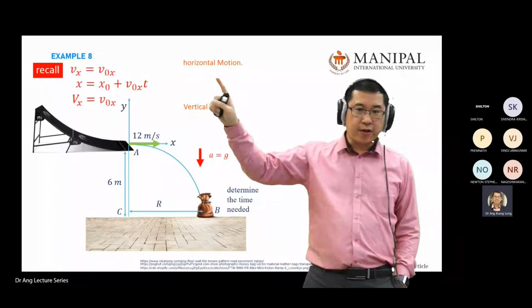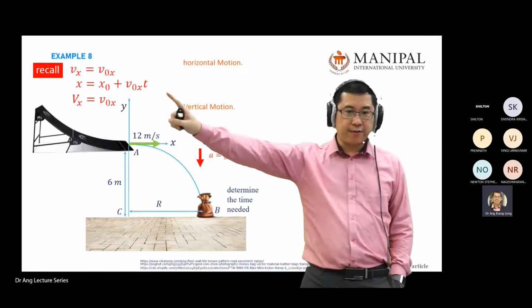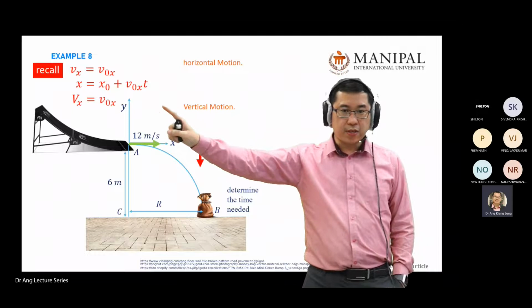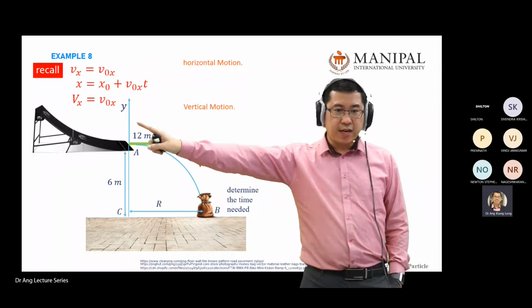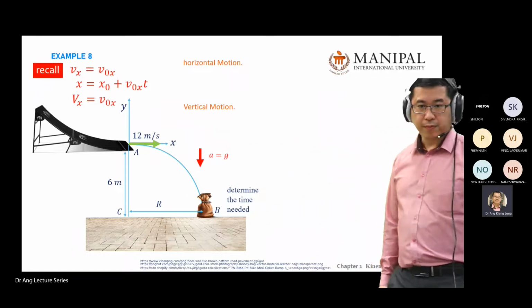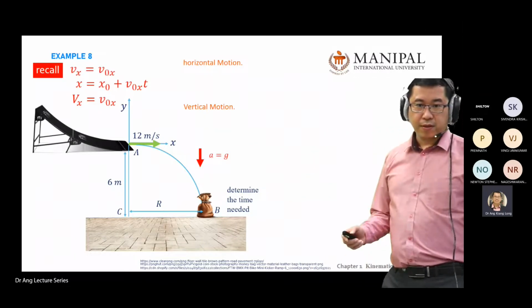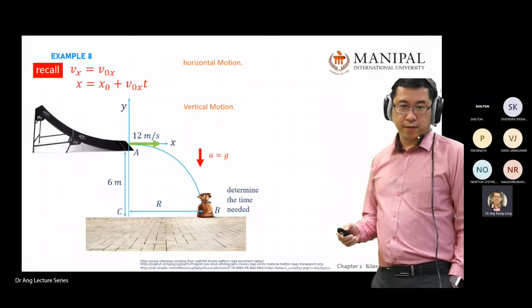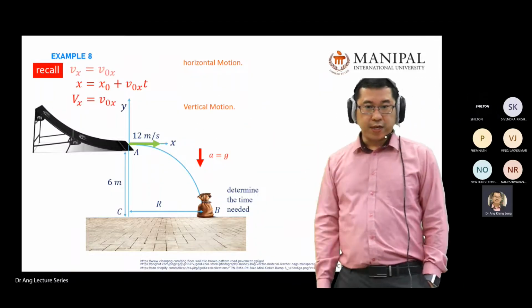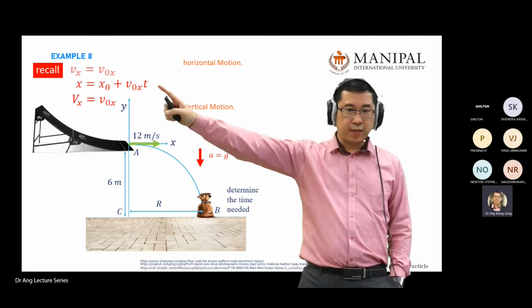So we look at horizontal first. Horizontal, you have Vx equal to Vox, x equal to x naught plus Vox t, and so on. Use the first one.